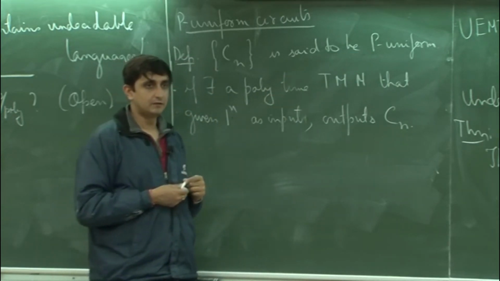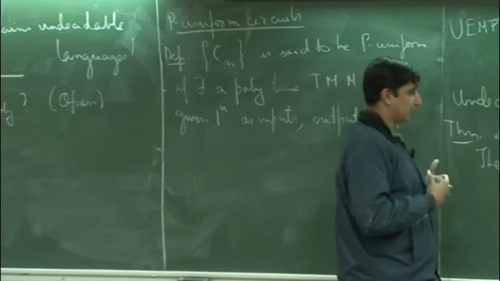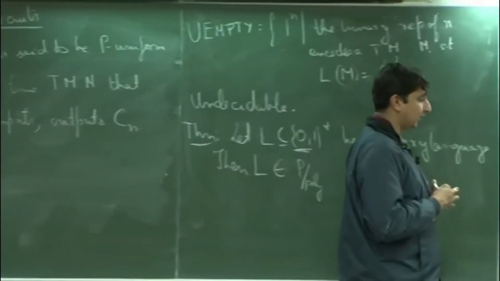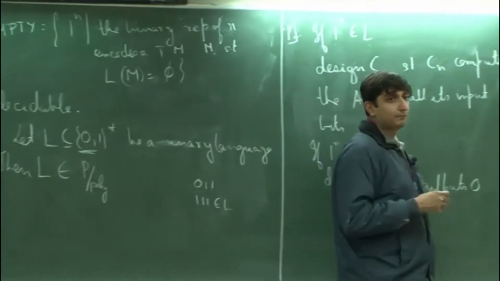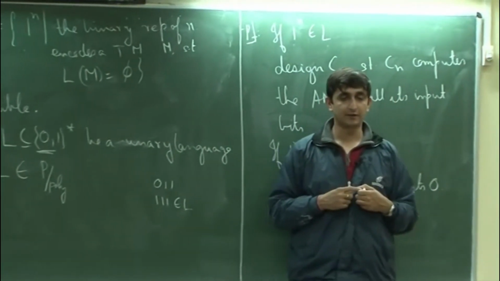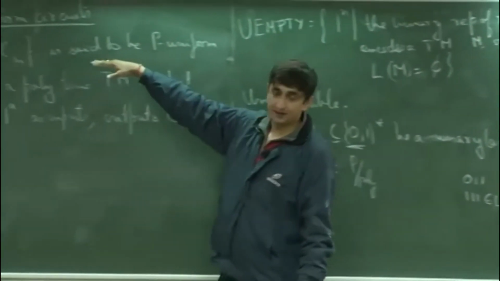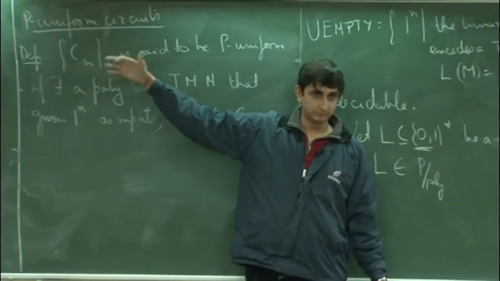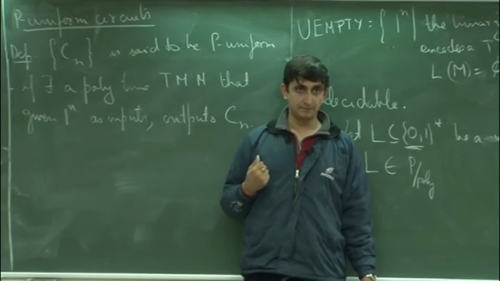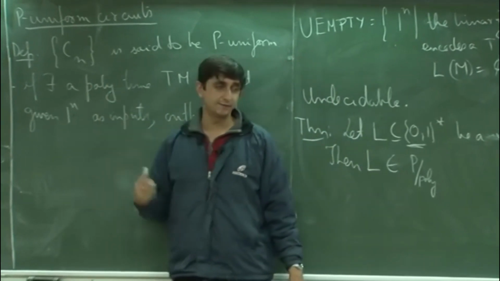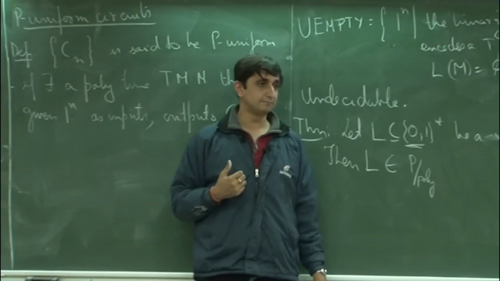Now we have a certain degree of restriction on the families of circuits that we are talking about. Suppose you have a P-uniform circuit family which computes a certain language.